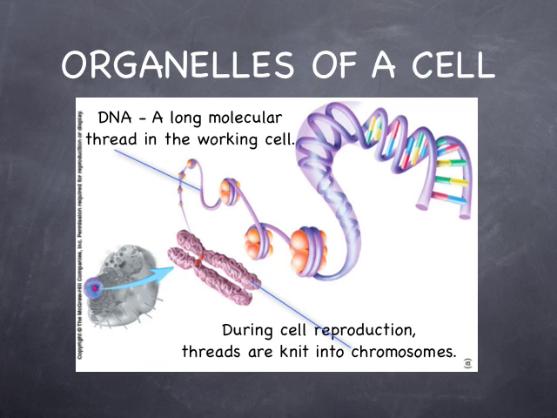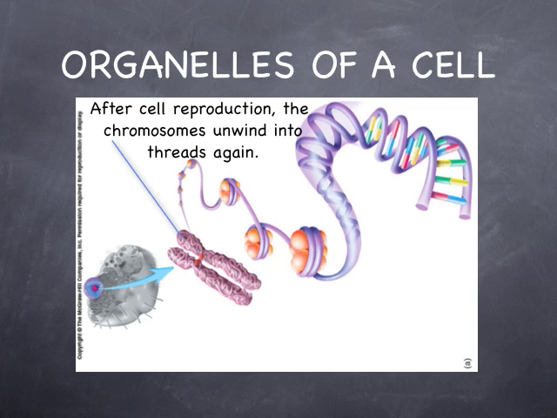But when the cell's functioning, when it's not reproducing, it has all of this DNA unwound so it can get to the genetic codes here and use those codes for its cell processes. So, after cell reproduction, this chromosome unwinds again.